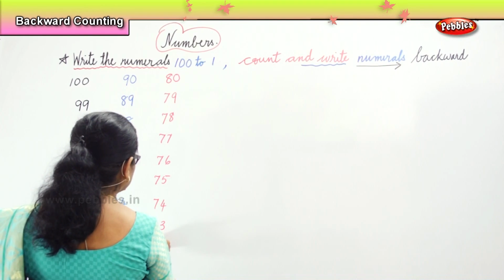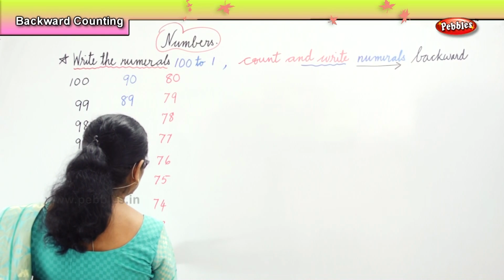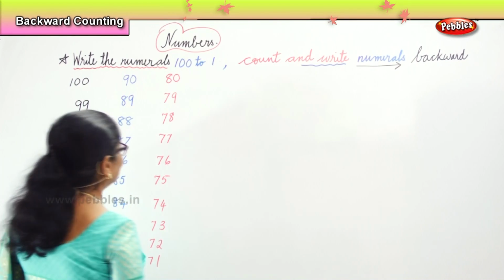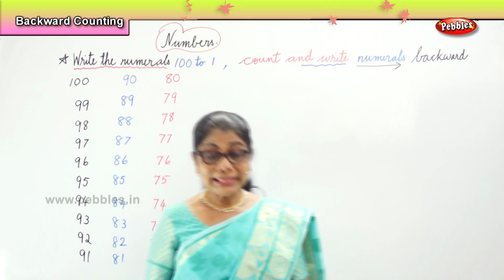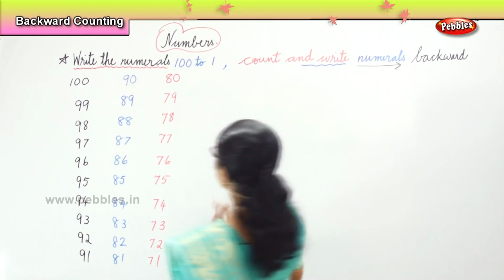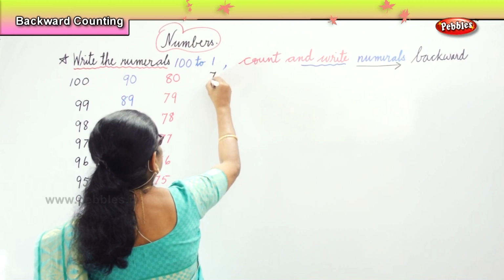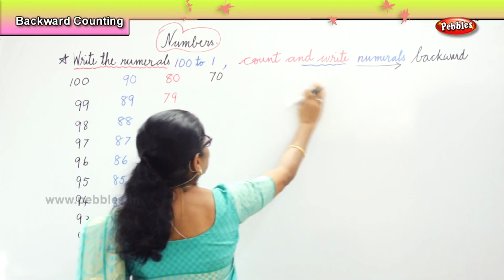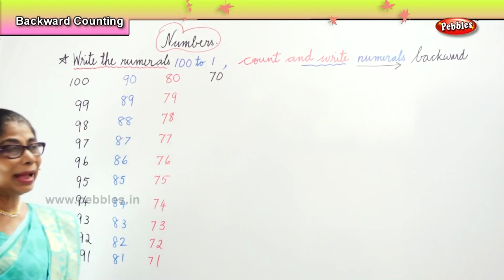Good. 72. 71. What's the next numeral? The next numeral is 70. Very good. Backward. Count and write numerals backward.